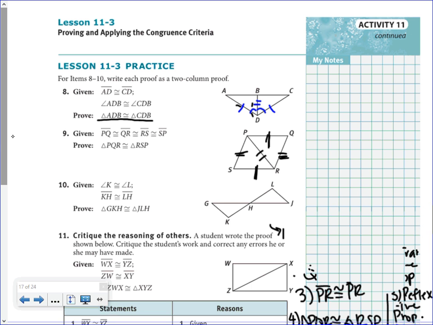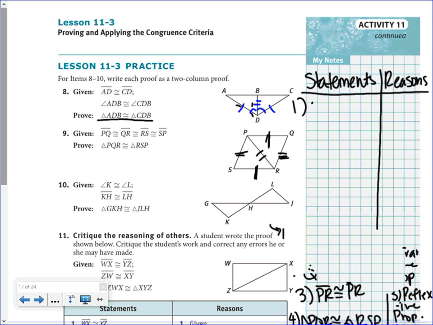So we are going to start off with our angle K congruent to angle L and side KH congruent to LH. And that is our given information. So again, I think it helps just to mark it on your figure. And so that's what they give us.